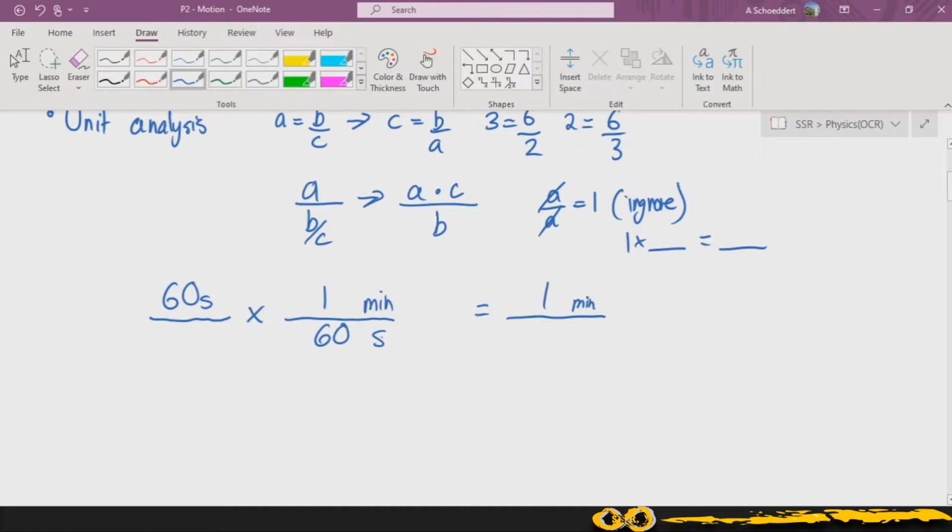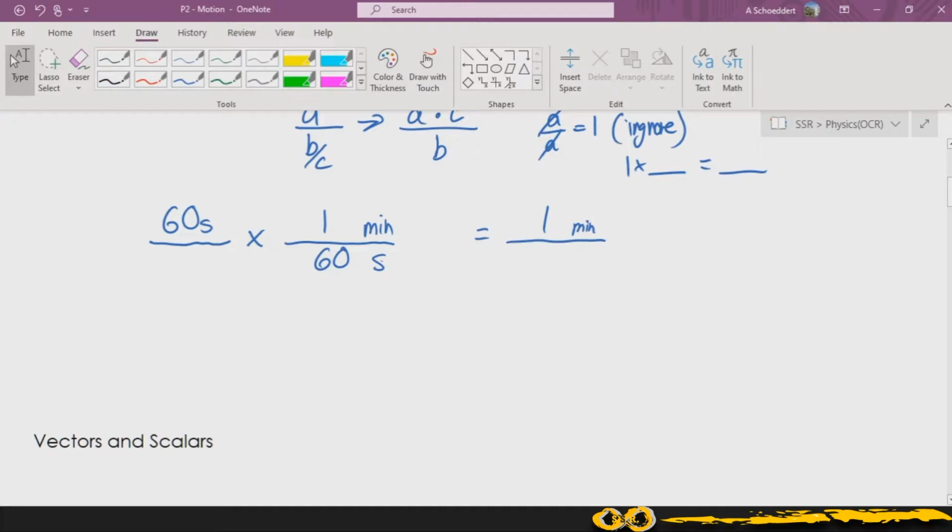And this will apply for any unit conversion that you're doing. In this unit, there is one that does come up a lot, and that is converting something like 36 miles per hour into some number of meters per second. So let's go through and decide on our conversion factors. Well, if we have miles per hour, what we're really looking at is miles divided by hours.